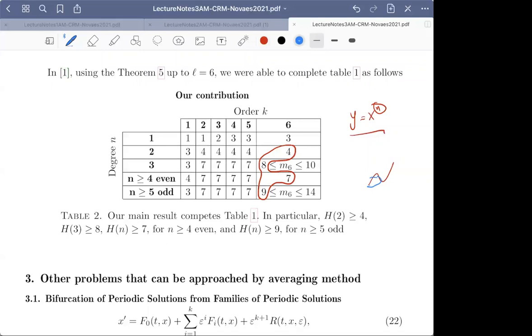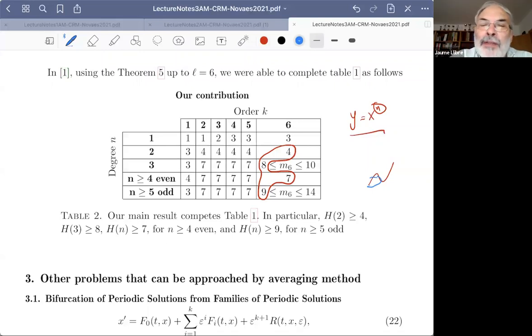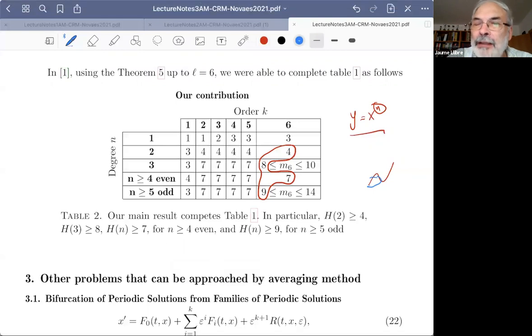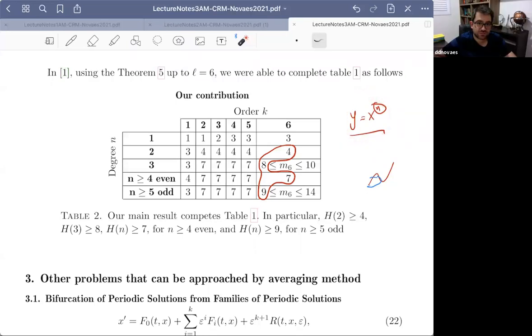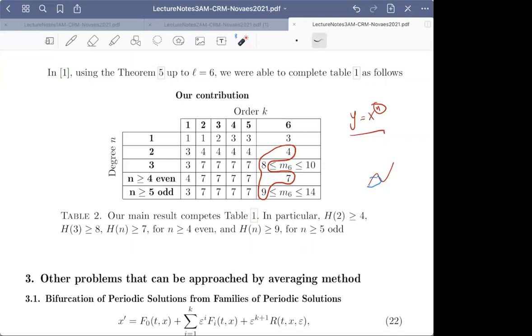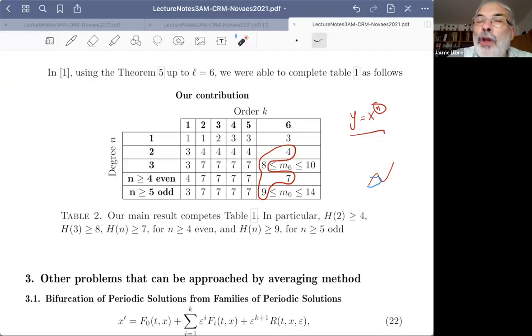Well, then I will stop. One comment, please, about this table 2. You separate the curve y equals x to the power n, two linear centers, no? Two linear centers, yes. Then I have a paper with Xiangzhang in which we provide upper bounds, not lower. We don't use averaging, but we provide upper bounds using the first integrals of the linear centers.